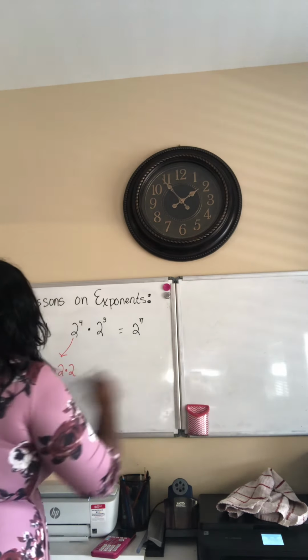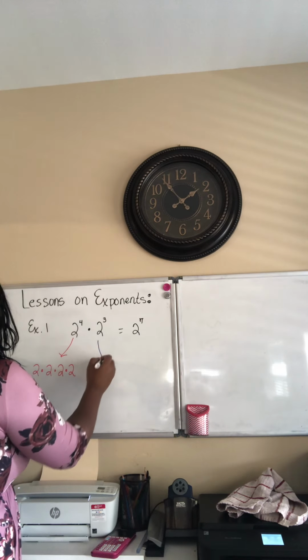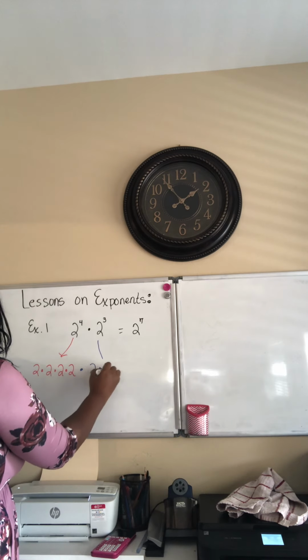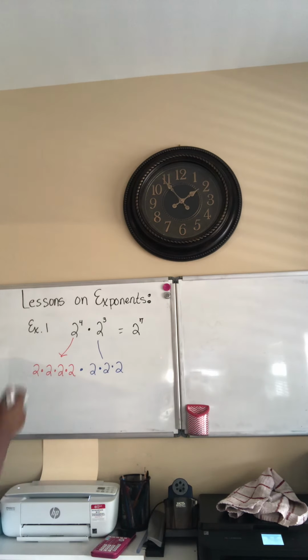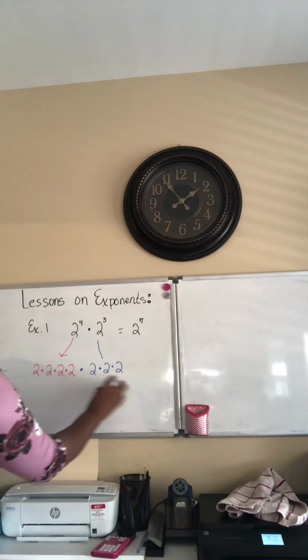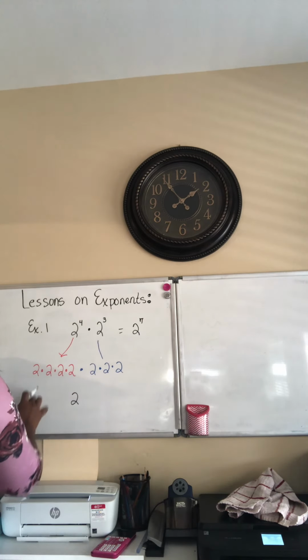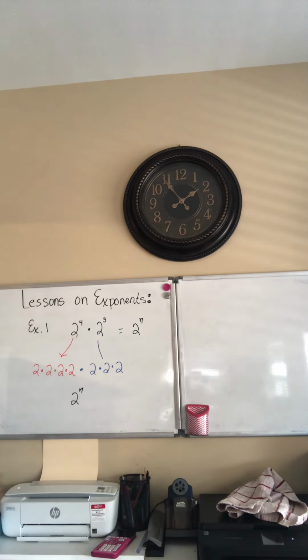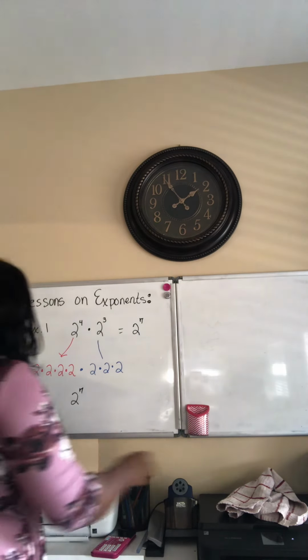And we know that this one will translate, and since it's multiplied, we can put a multiplication sign between it, times 2 times 2 times 2. All right, now, if we were to count all of these up, our base stayed 2, correct? Now we count them 1, 2, 3, 4, 5, 6, 7. So we have 7 there. So when we're multiplying, instead of having to write all this out every single time, we keep our base, we add the exponents. Okay? So let's write that out in words.